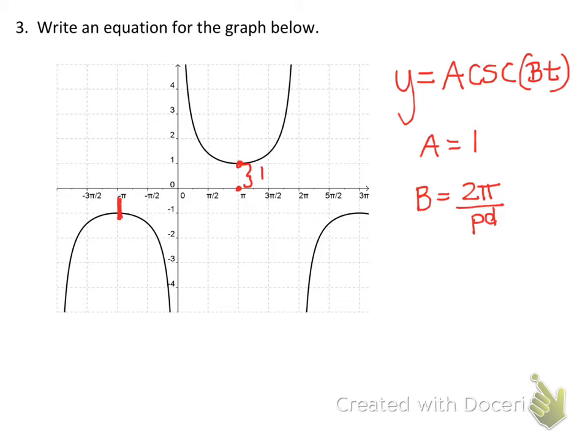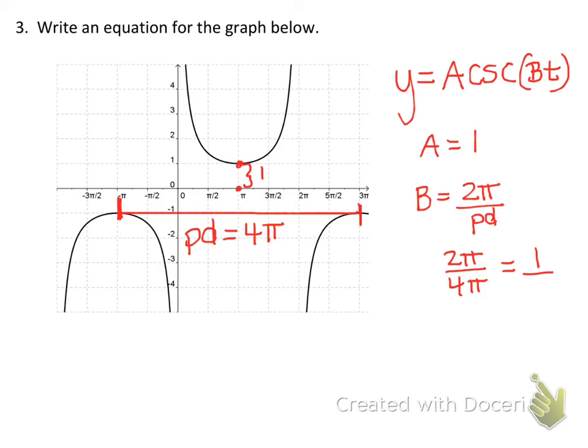Well, from negative pi all the way over to 3 pi. So that means my period equals 4 pi. So 2 pi over 4 pi equals 1/2. So my function is y equals, 1 for a, so I don't need to write it, the cosecant of 1/2 t.